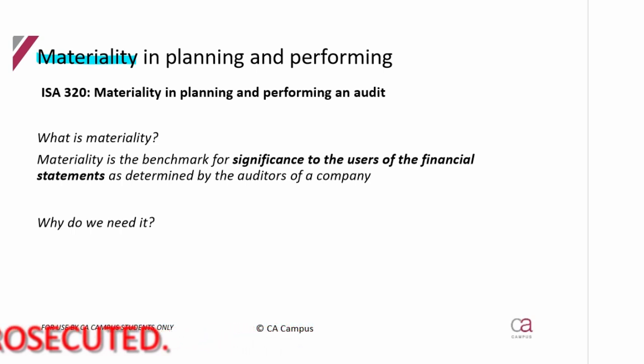Okay, so what do they believe will be significant to the users of the financial statements? And guys, that's a very hard question, because how many users are there of the financials? There's so many. In fact, there will be users that the auditors don't even know about. There's employees, there's investors, there's creditors, there's debtors.